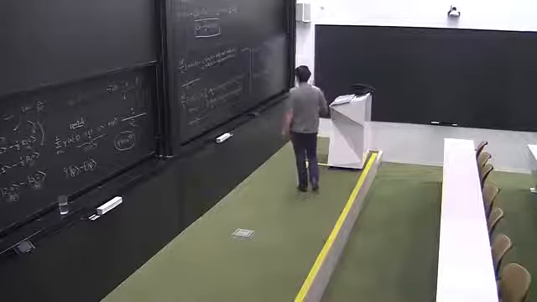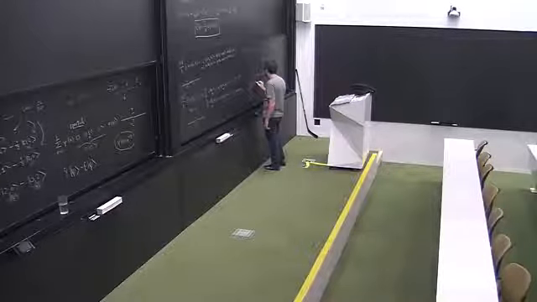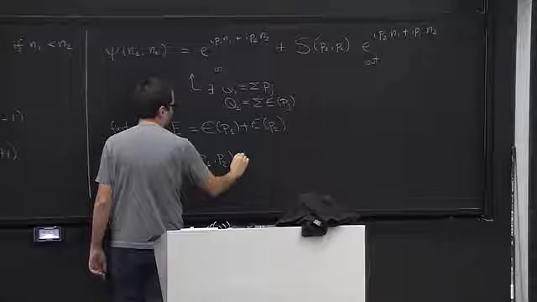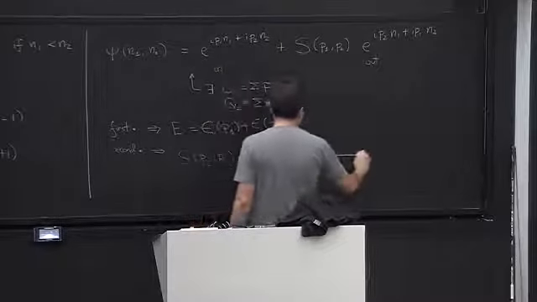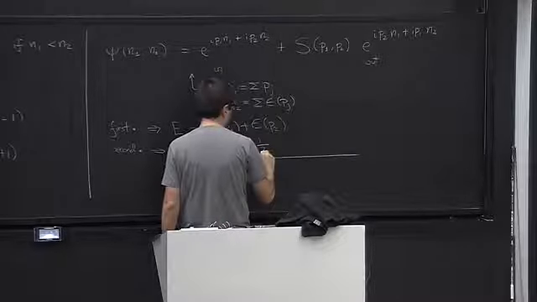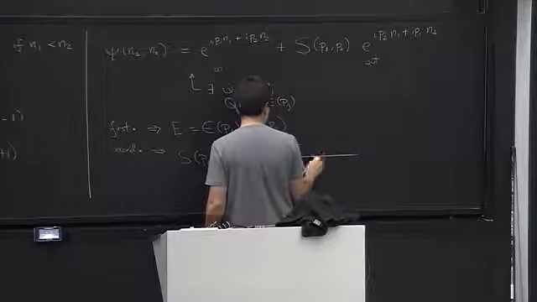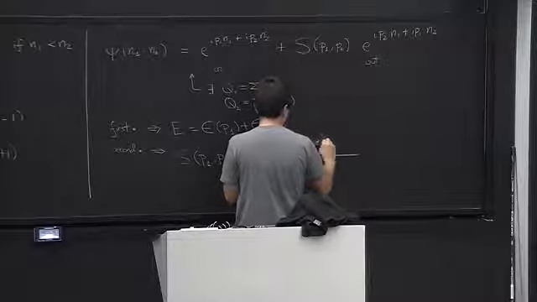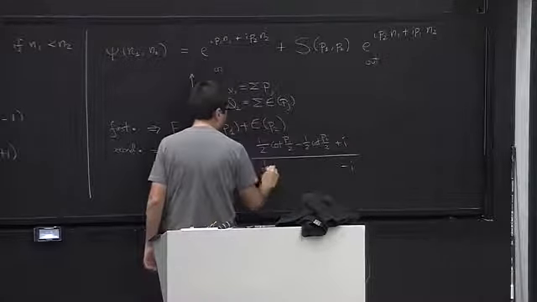So not surprisingly, from the second equation, we fix the S matrix, and what we get is some simple expression: S of p1, p2 is equal to some simple trigonometric function, which is one half cotangent of p1 over 2 minus one half cotangent of p2 over 2 plus i, over the same thing with minus i.